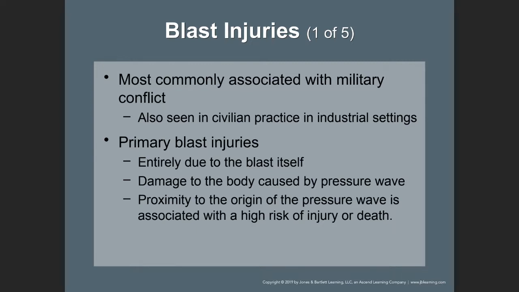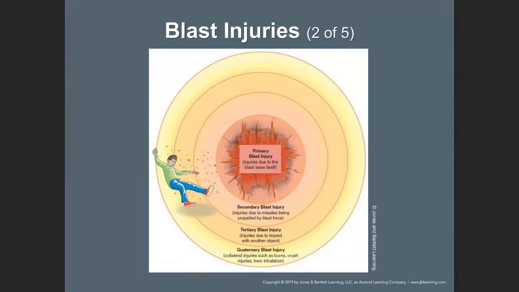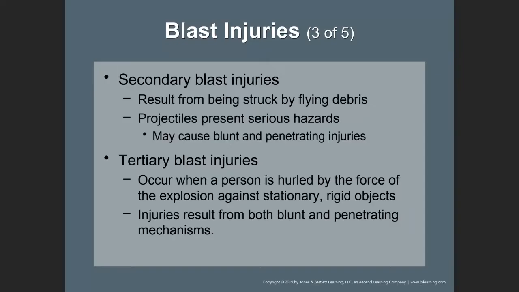The primary blast is really the pressure wave that is generated by the explosion. The closer the person is to the pressure wave, the more severe the injury will be. Secondary blast injuries result from being struck by flying debris.